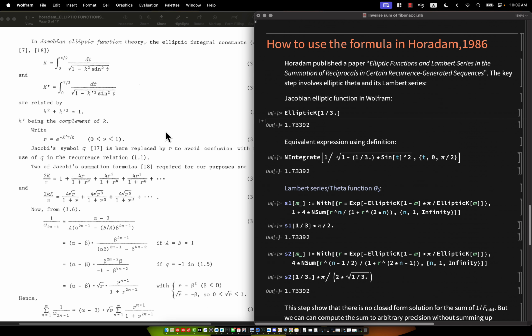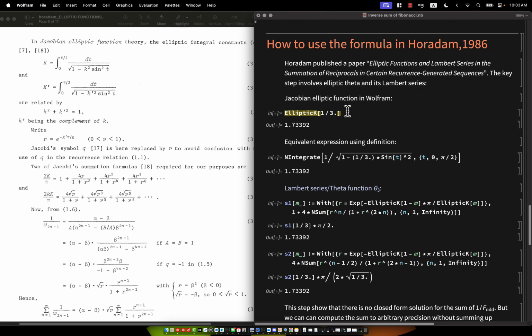The first thing we need here is elliptic K. It's the same thing as this guy, but the only difference is it depends on a parameter called k. But in here it's k squared, while in Wolfram the parameter they call m is k squared.